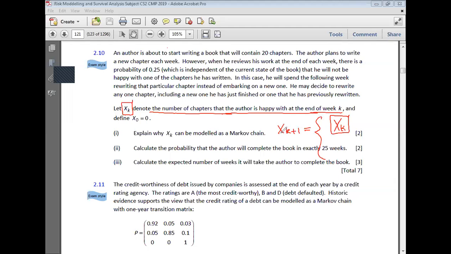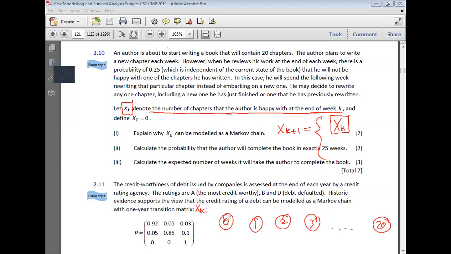So when will my xk plus 1 be equal to xk? Maybe, before we do all of that, let's just write in simple numbers. So we can have 0, 1, 2, 3, and so on, and the maximum that you can have is 20 chapters. So let us say these are the chapters that my author is happy with.